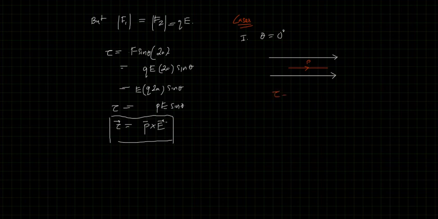In that case tau would be equal to PE sin 0, so tau is 0. The torque experienced by it will be 0 at that time.